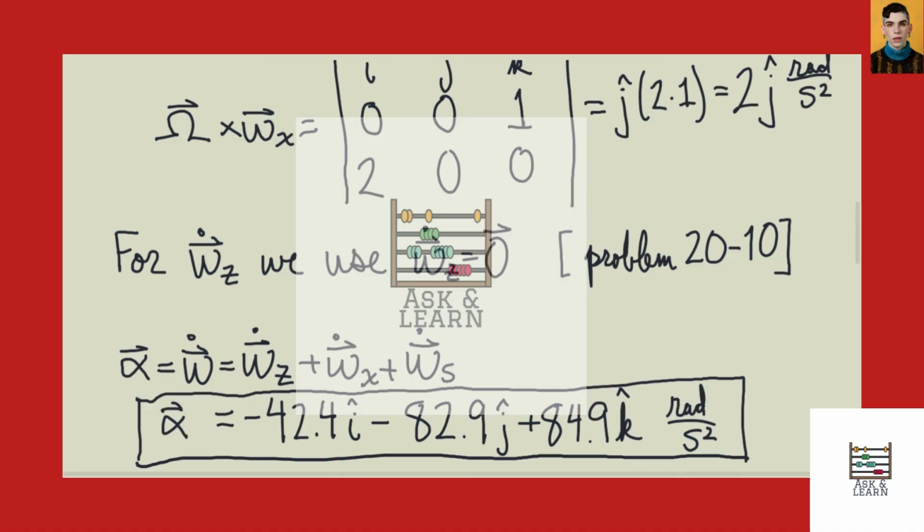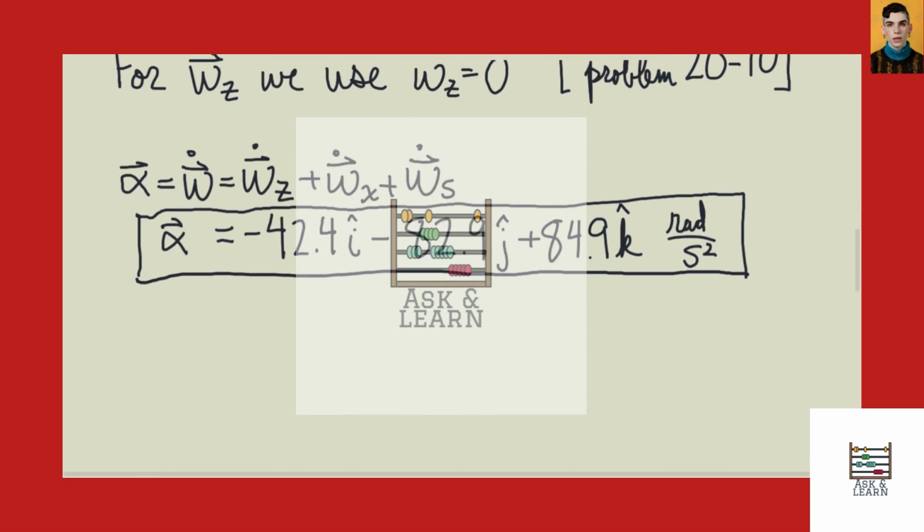So we know that our capital omega vector we can set equal to 0, and we also know that that frame is rotating about the z-axis with a constant angular velocity in terms of magnitude. So its time rate change is 0. With those 2 terms of our transformation equation summing to 0, we're left with the time rate change of vector omega z equals 0. We have figured out the 3 contributors to our total angular acceleration.